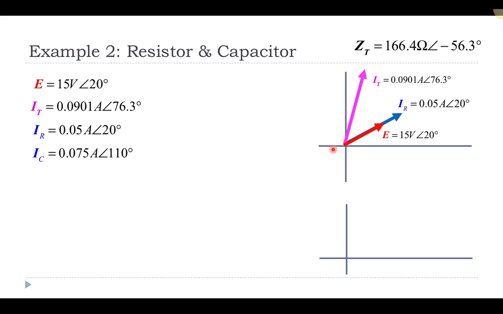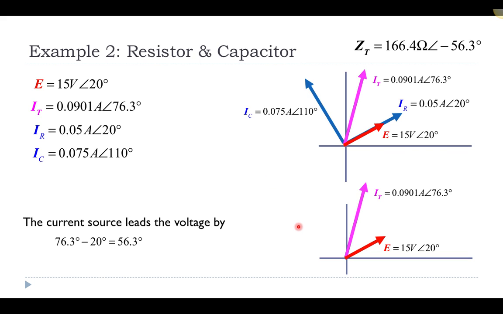And if we plot the capacitor current, it is phase shifted from the voltage supply, and the current through the capacitor leads the voltage across the capacitor by 90 degrees, which is what we would expect. If we added the current across the resistor to the current across the capacitor in this phasor notation and thinking of these as vectors, then I should get the total current here, and it does appear that they would add together that way.